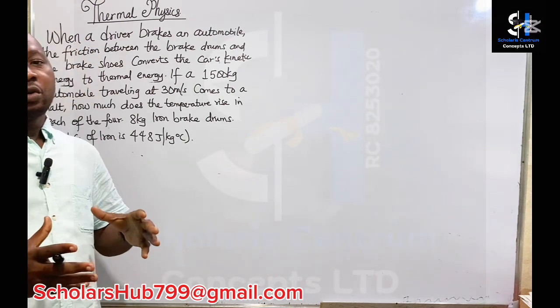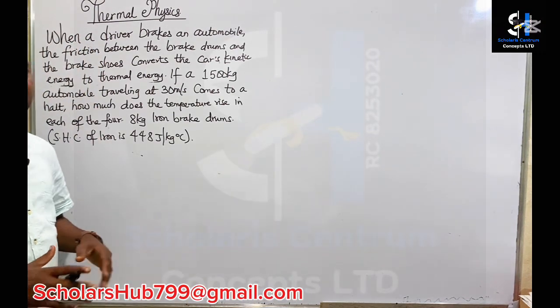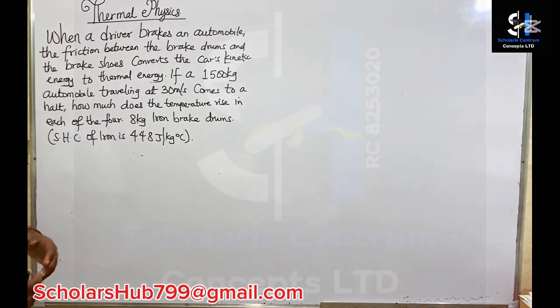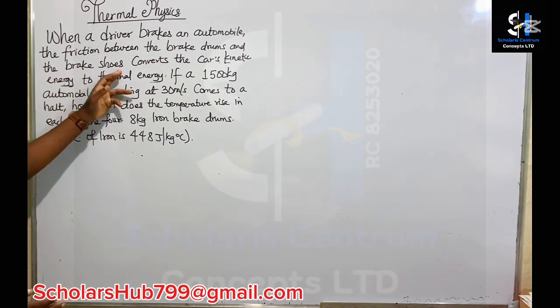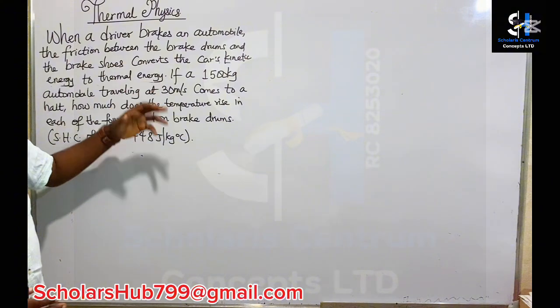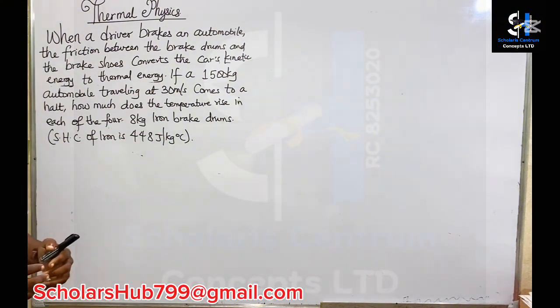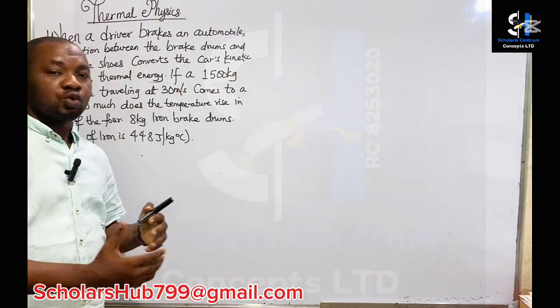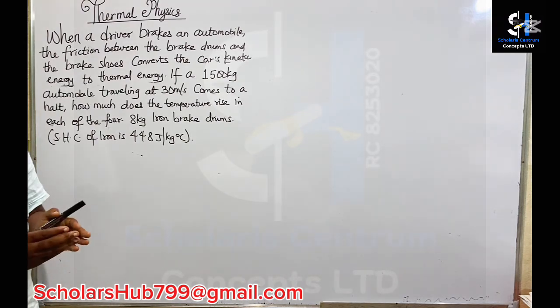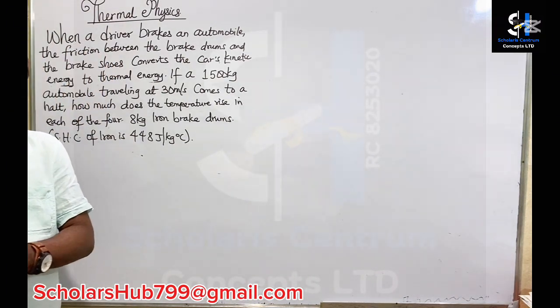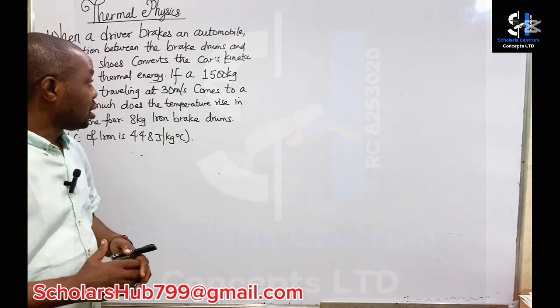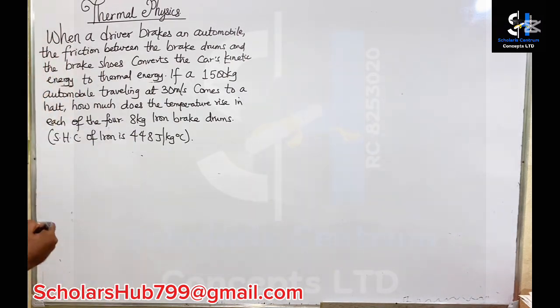Because the friction between the brake drum and the brake shoes brings about energy conversion from kinetic to thermal, we can say that the value of the kinetic energy is equal to the value of the thermal energy. So let's find out.